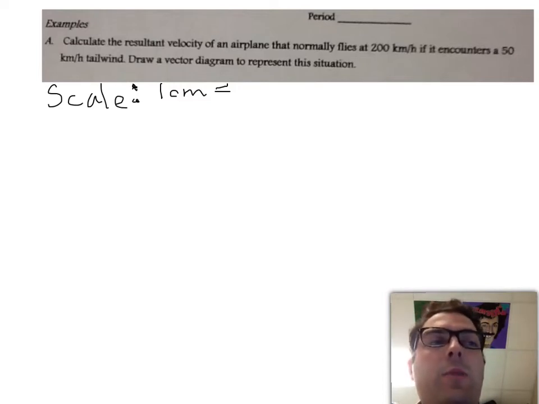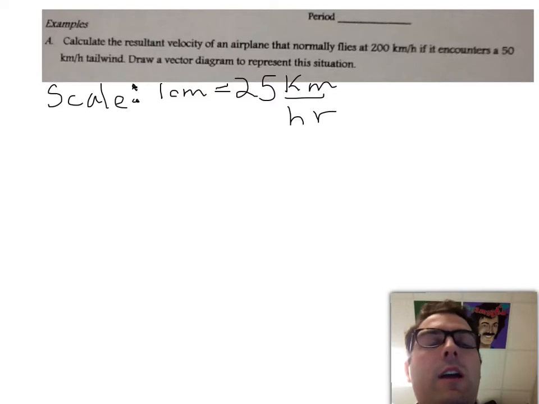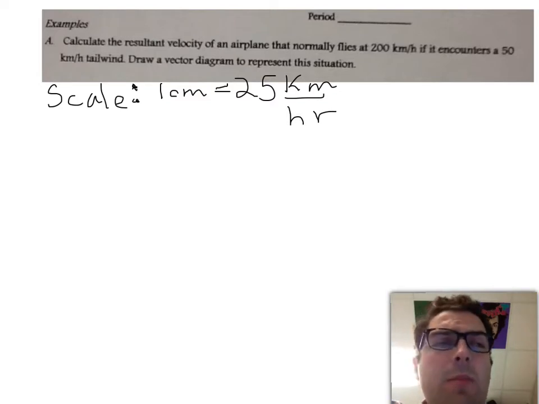In this case, because we have 200 kilometers and 50, I'm probably going to say that every 1 centimeter is going to be equal to 25 kilometers per hour, just to make it easier, because for me, I have a lot of space. For you, you might not have as much space, so you might want to do 1 centimeter is equal to 50 kilometers per hour. It's really up to you.